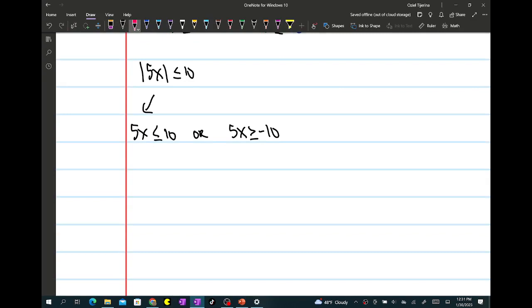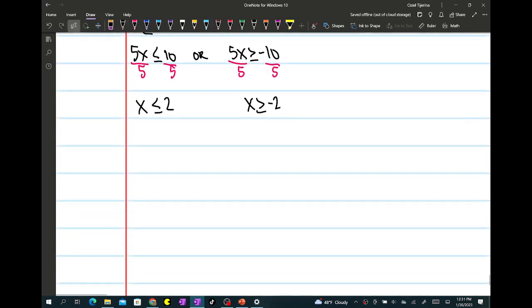Then I'm going to solve each inequality for x. Here we divide by 5, so x is less than or equal to 2. Over here we do the same thing, divide by 5, and x is greater than or equal to negative 2, right? So I can rewrite the inequality as negative 2 less than or equal to x less than or equal to 2.